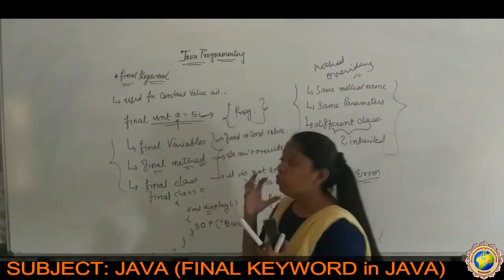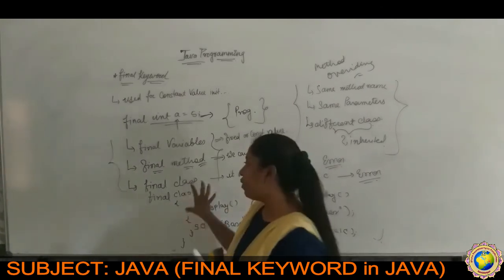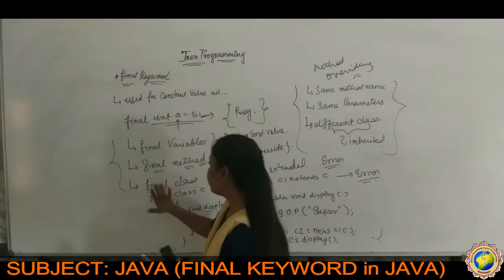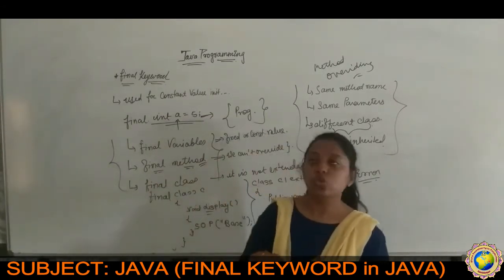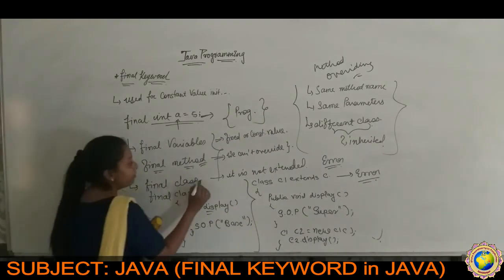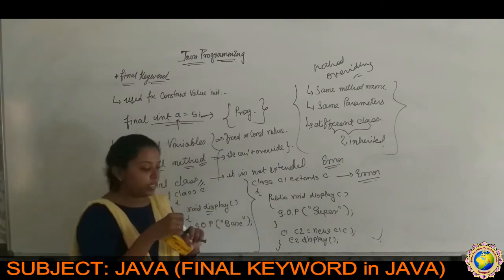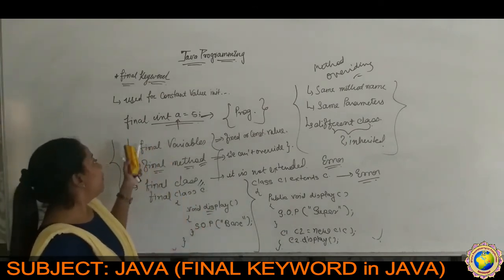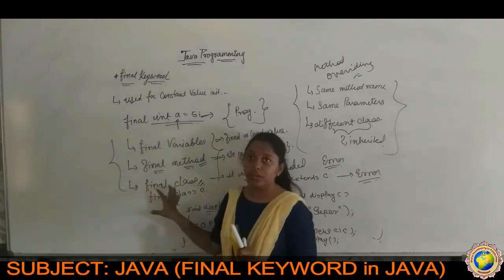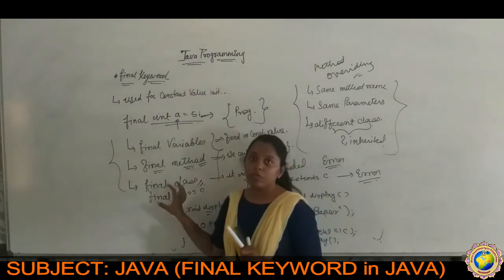And when we don't want to extend the properties of a class to another class, then we have to use the final class. The final keyword is basically used for these three funda. So this is about the final keyword. We will see how to run this type of program in the practical case.